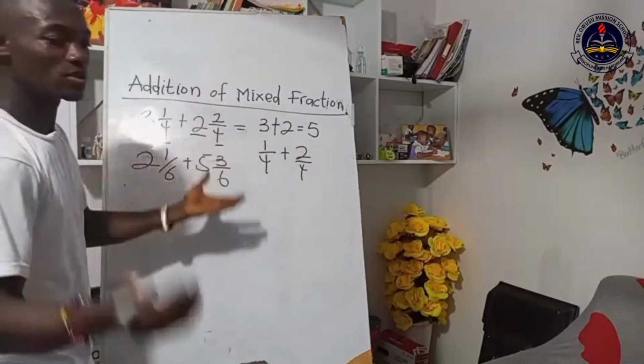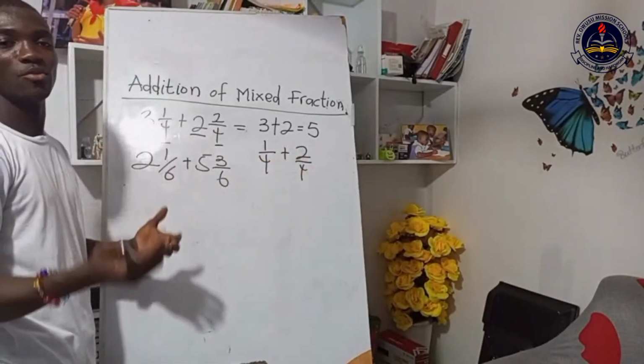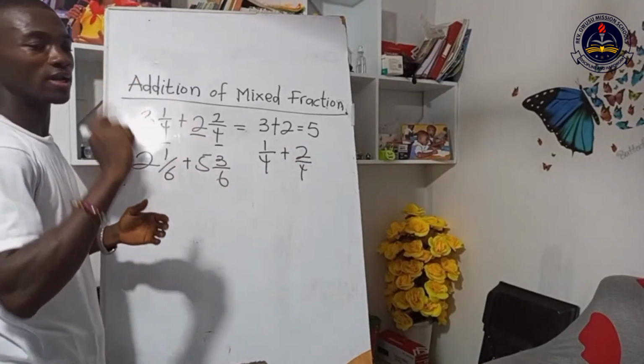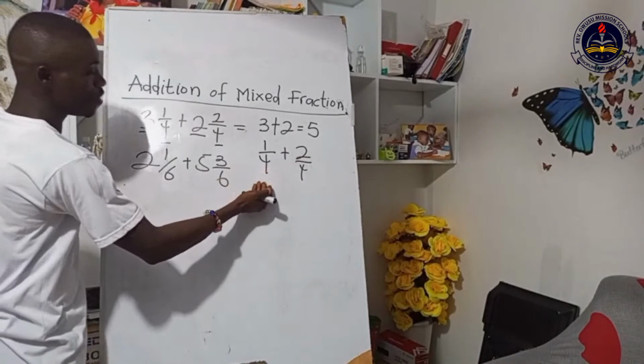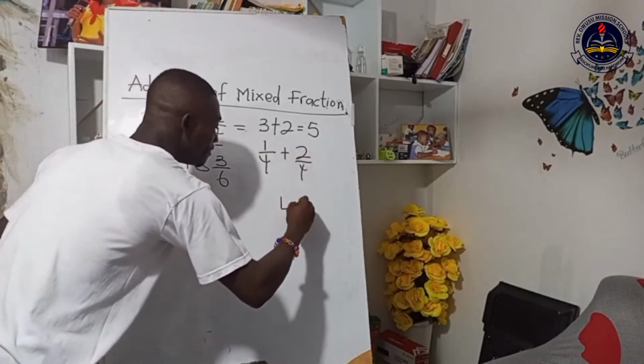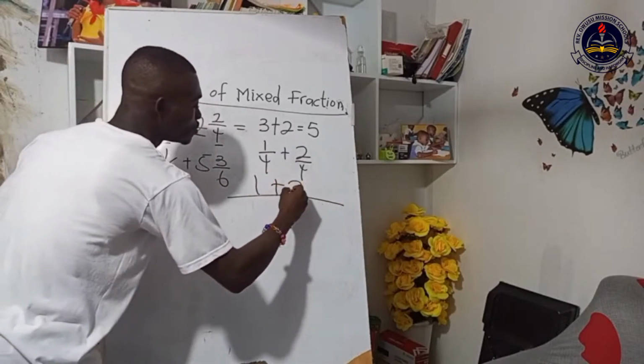Now the easiest thing is the 4 and the 4, they are the same. That's the denominator, or the number at the downside. So only choose one, which is either this 4 or this 4. We have 4 all over 1 plus 2.